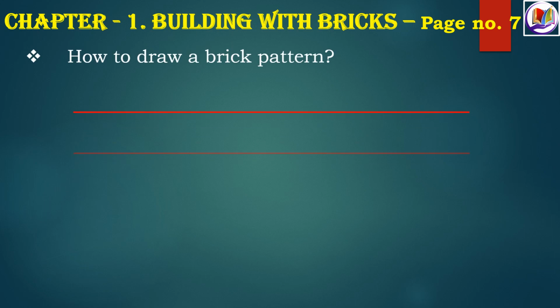Now here let's try and understand how to draw a brick pattern in a very easy manner. So initially you draw some horizontal or sleeping lines using a ruler and a pencil. And children, whenever we draw, firstly, we always use pencil very lightly so that it can be erased easily if we make a mistake.